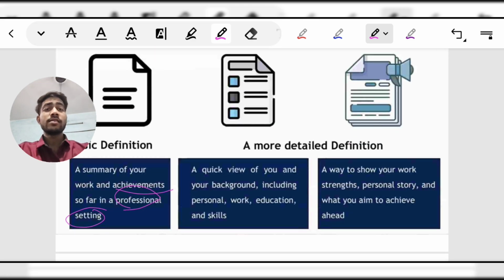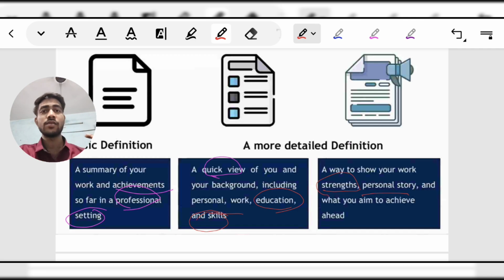It is also a quick view of your background, including your personal work, education, and whatever skills you have built. If you want to get a job, a resume is also the strength of your personal story, showing your journey and where you are going in the future.